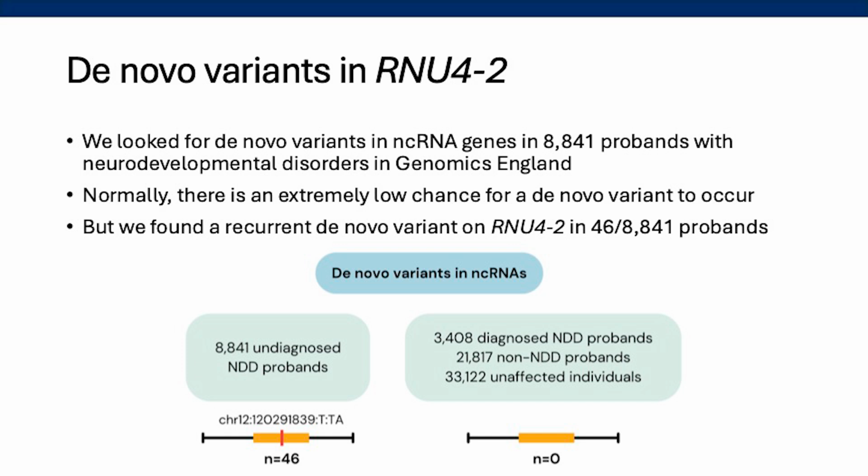We see a lot of variants being recurrent in the RNU4-2 gene, in 46 out of the 8,841 probands.